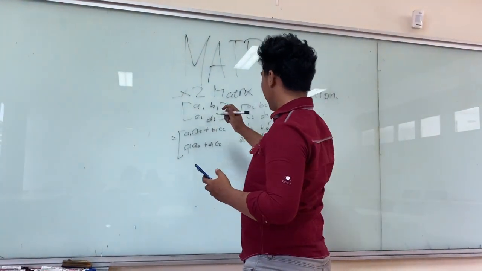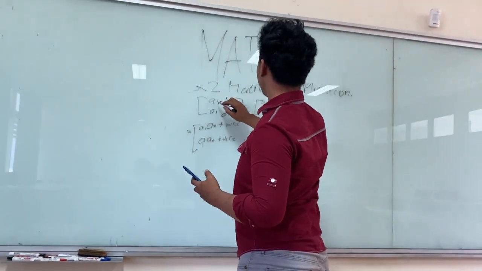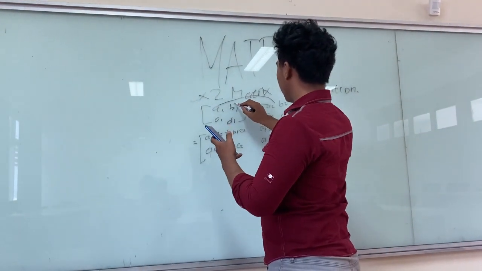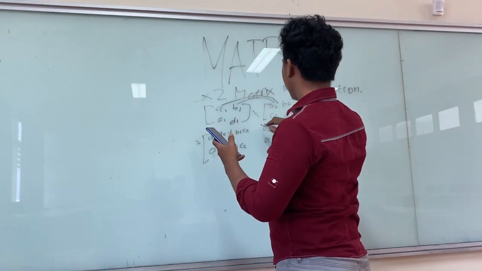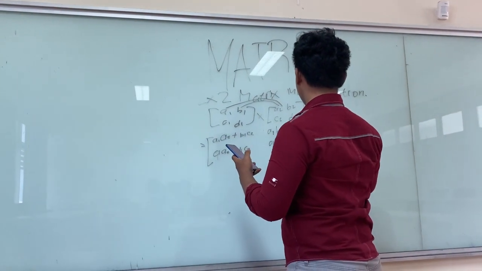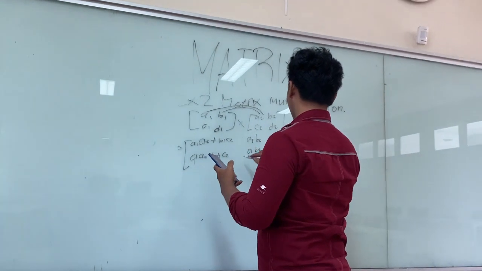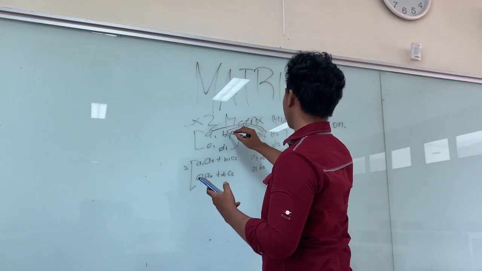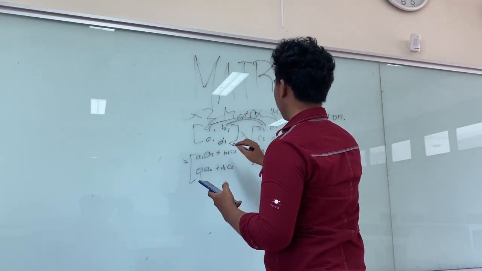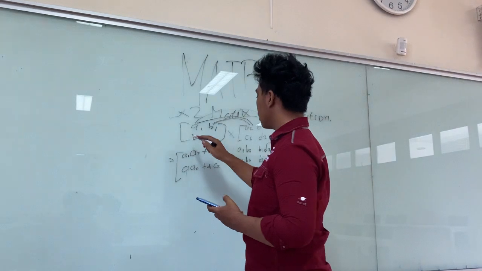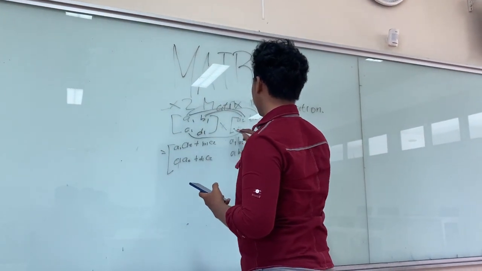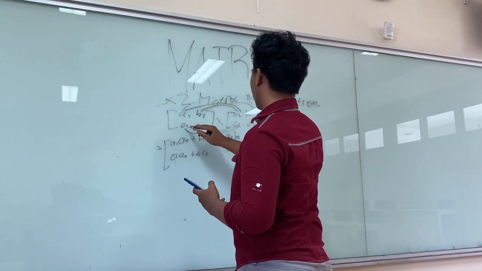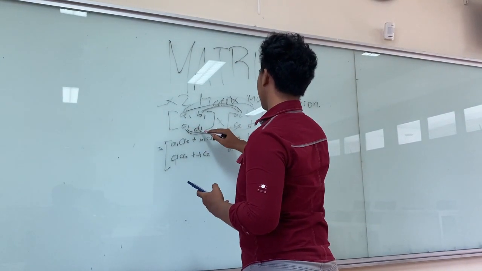So the first row will be multiplied by this, and B1 by this, and in this column it will be multiplied by the B2, and the same goes for B1 multiplied by B2, and the bottom one will be multiplied by this, and in this column it will be multiplied by this and by this.